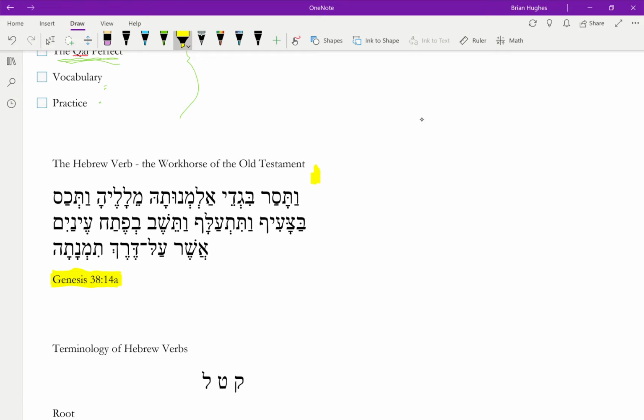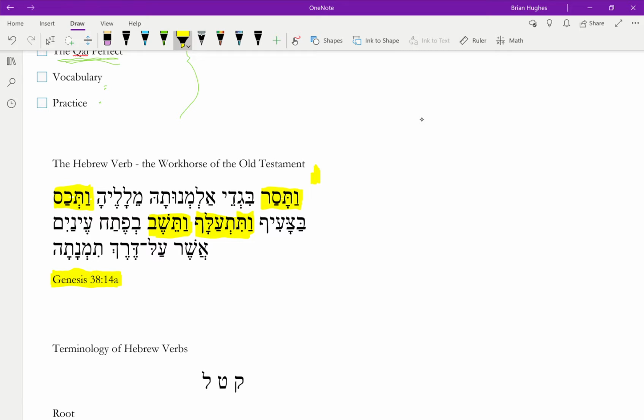And as I said, normally a Hebrew sentence has one verb, but in this, and you'll just have to trust me in this half verse, we have 1, 2, 3, 4 verbs. Here we have Tamar.